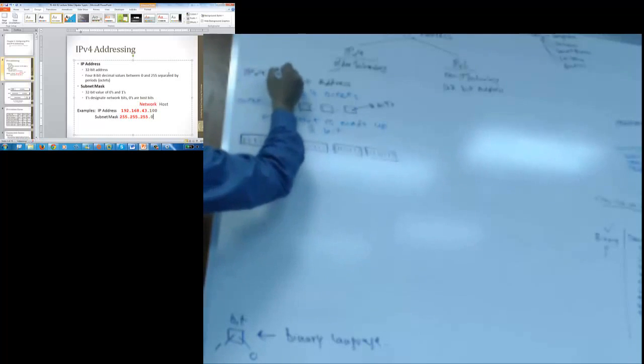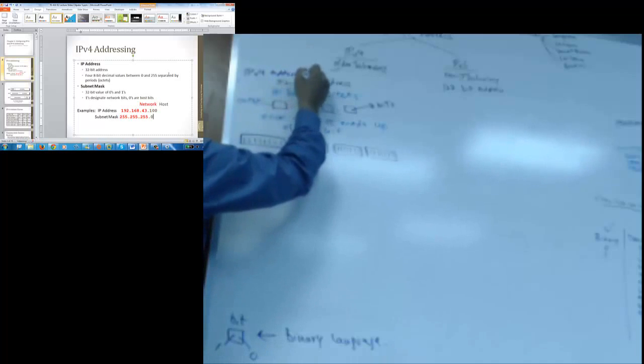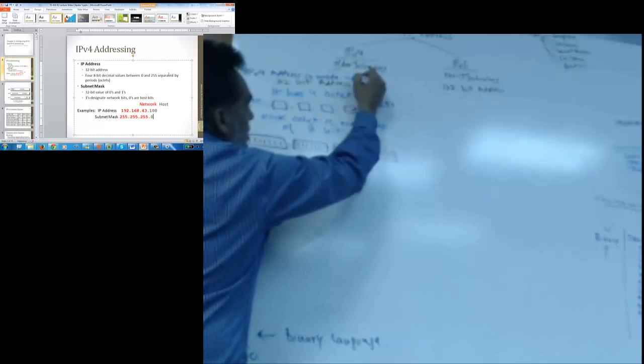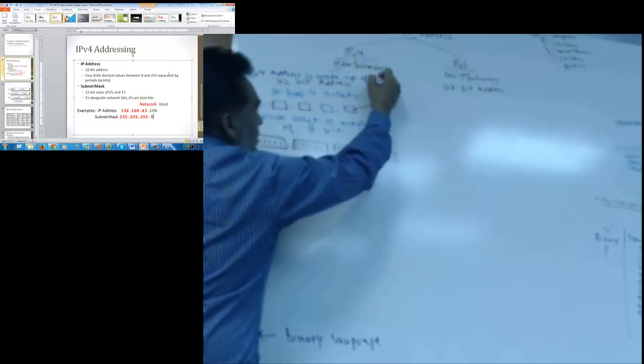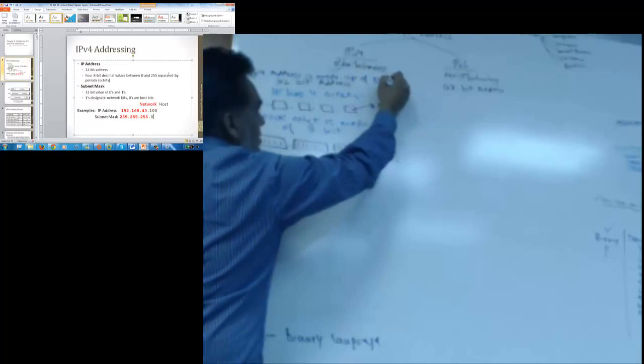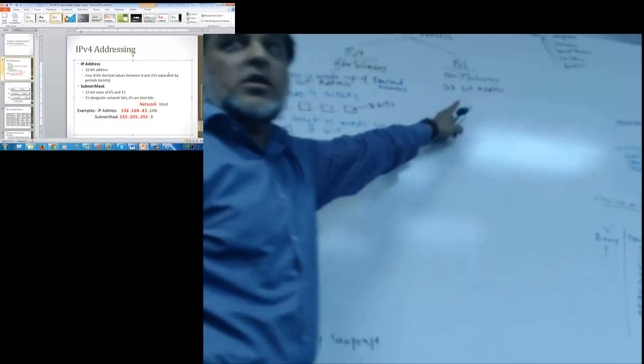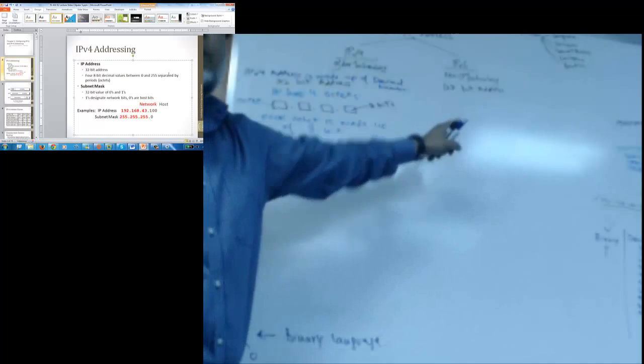IPv4 address is made up of decimal numbers. Whereas an IPv6 address is made up of hexadecimal numbers.